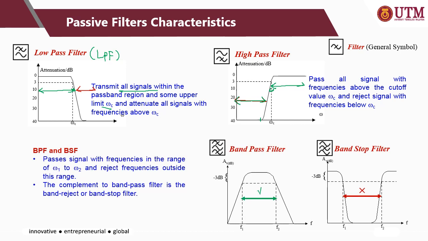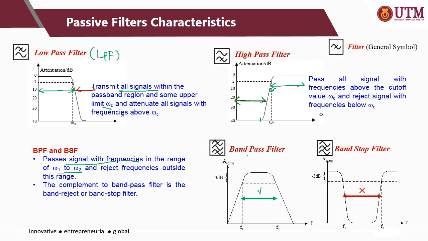And next are the band pass and band stop filters. The band pass filter passes signals with frequencies in the range of omega 1 to omega 2, or from f1 to f2, and rejects frequencies outside this range, while the band stop filter is basically the complement of the band pass filter, where it rejects the signal within the specified frequency band between f1 and f2.